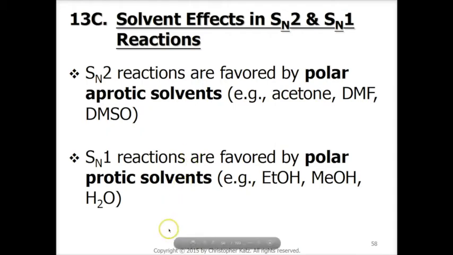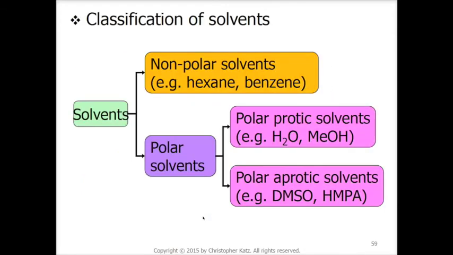In general, SN1 reactions are favored by polar protic solvents like ethanol, methanol, and water. In general, I'm not talking about specifics, okay? There are some specific cases where you don't have that feature.